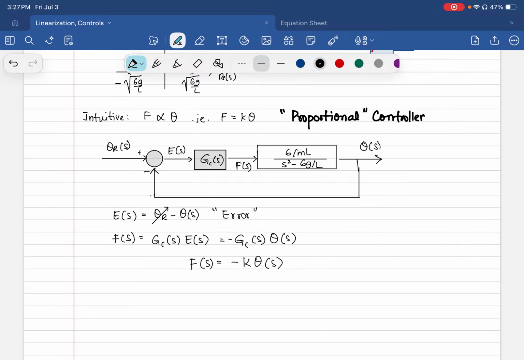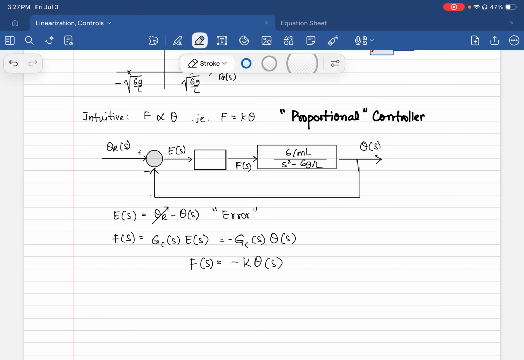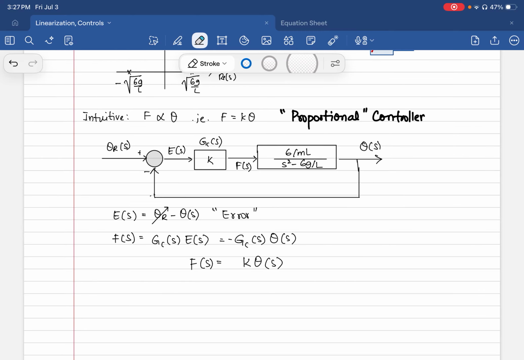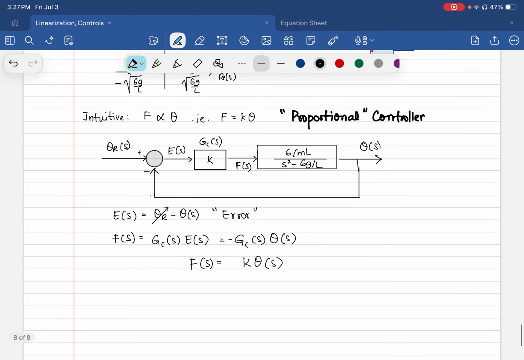So if we have a control system as just some k times this, then that k will absorb the negative term. And I'm going to say that F of s is equal to k theta of s.